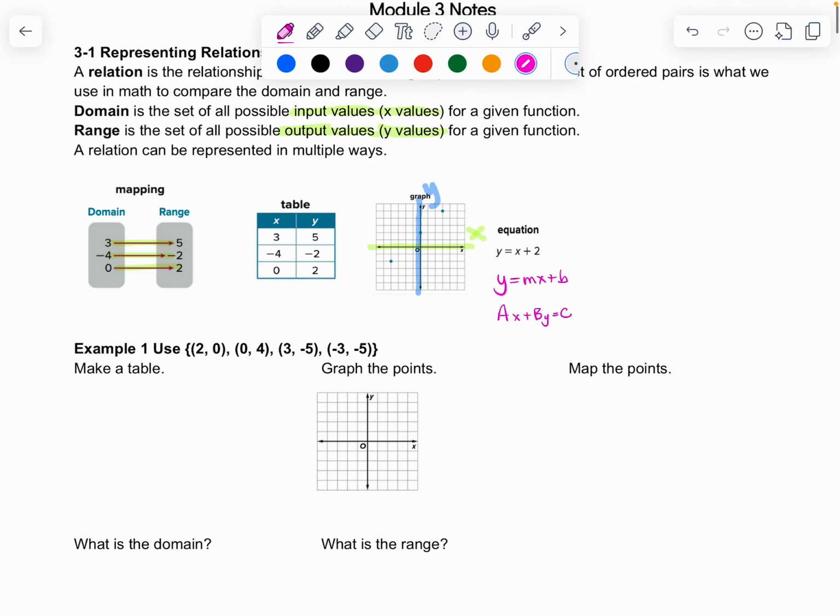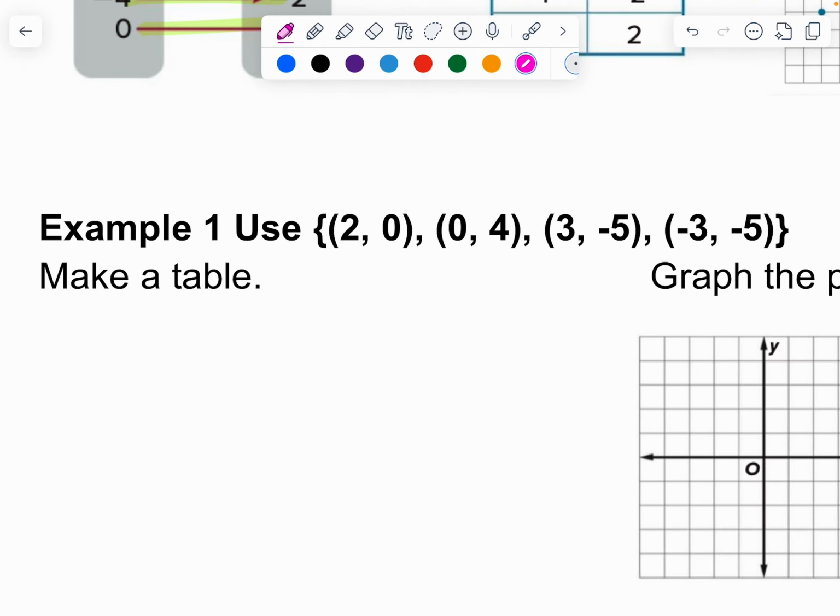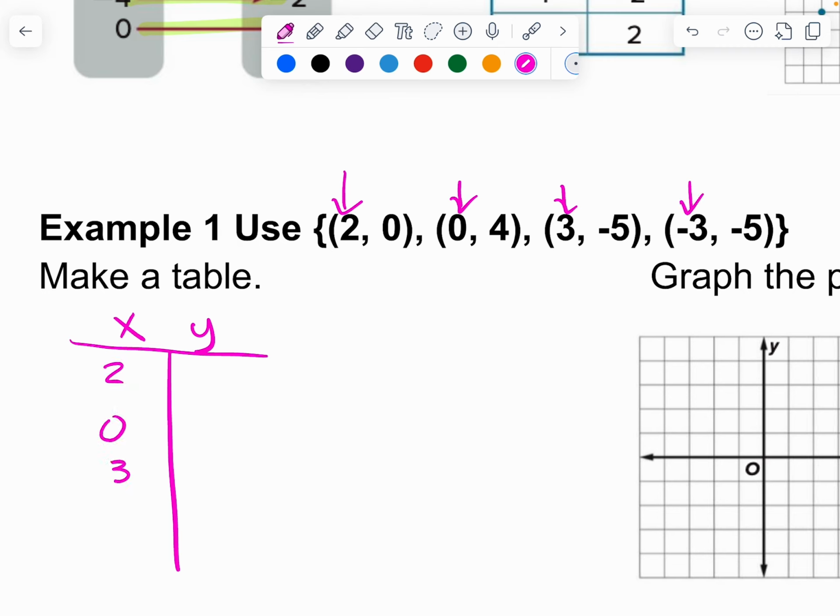Okay, so if I have this right here, I'm going to make a table. My x's and my y's. These are my x's. So I have 2, 0, 3, negative 3. Then my y's. I have 0, 4, negative 5, and negative 5.